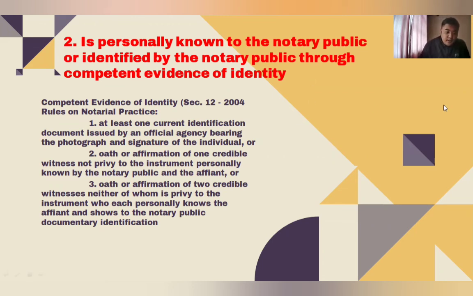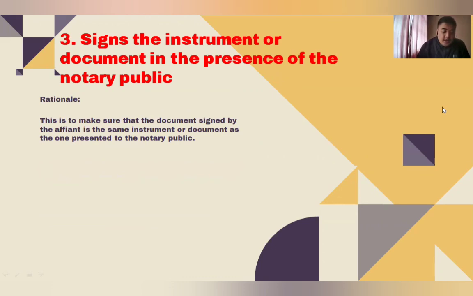Moving on, number three, the affiant signs the instrument or document in the presence of the notary. This is to make sure that the document signed by the affiant is the same as the document presented to the notary public, because there have been instances wherein there was a change in the document signed and presented.